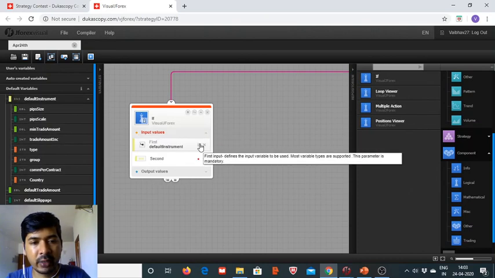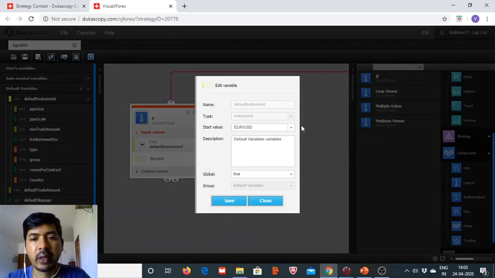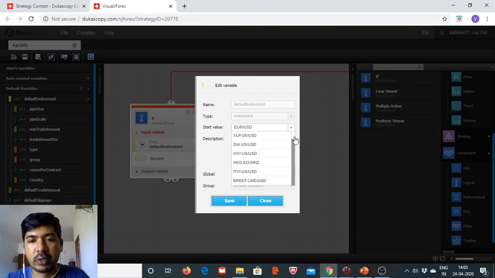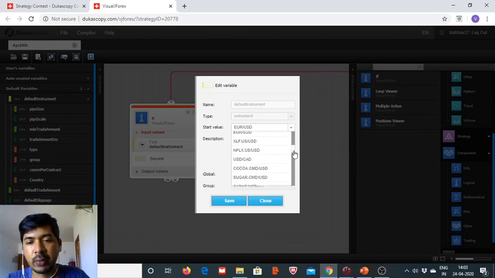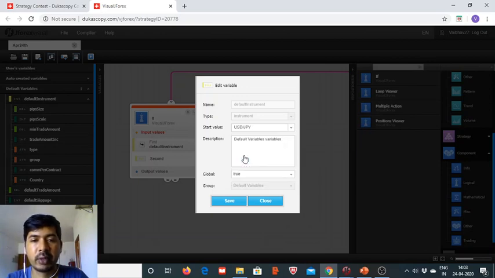As a standard practice, the default instrument is taken as a Euro USD in the VULGF Forex platform, and we have to go and change it if we wish to. As I said, we are working with the USD JPY in today's session. We will need to change it. Okay. We got the USD JPY.